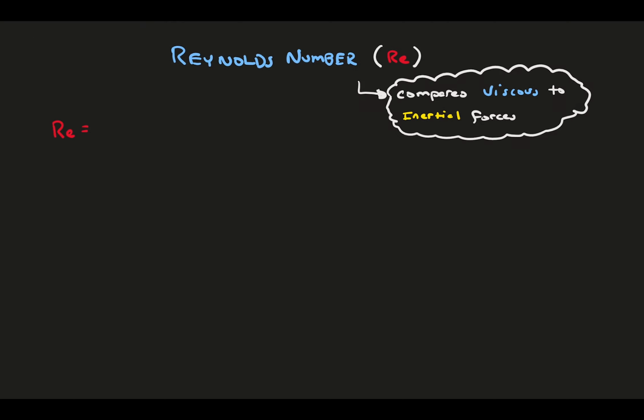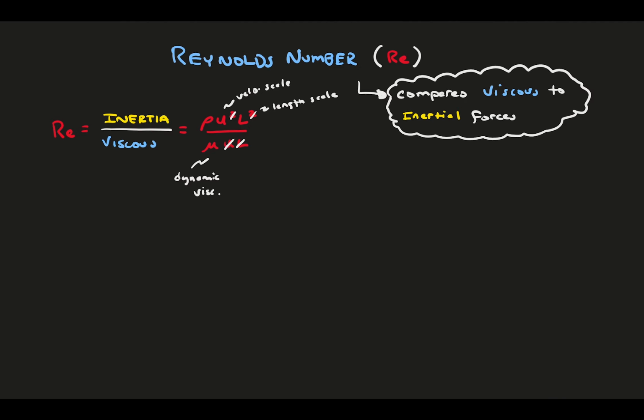Generally, the Reynolds number is the inertia force divided by the viscous force, which is density times velocity squared times length squared divided by the viscosity times the velocity times the length. This simplifies to be rho UL over mu.